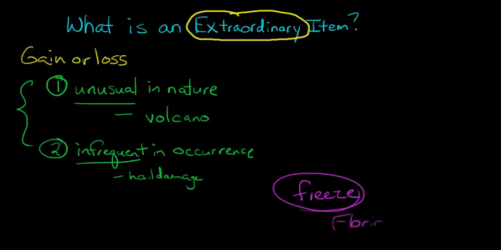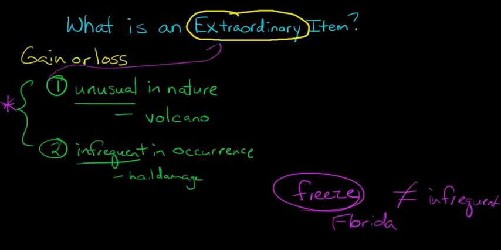Well, that might happen every 4 or 5 years. It's not something that happens every year, but it's unusual. I mean, we don't expect it, but it does happen frequently enough that we can't say it's infrequent. So we need to meet both of these criteria in order for this to be an extraordinary item.